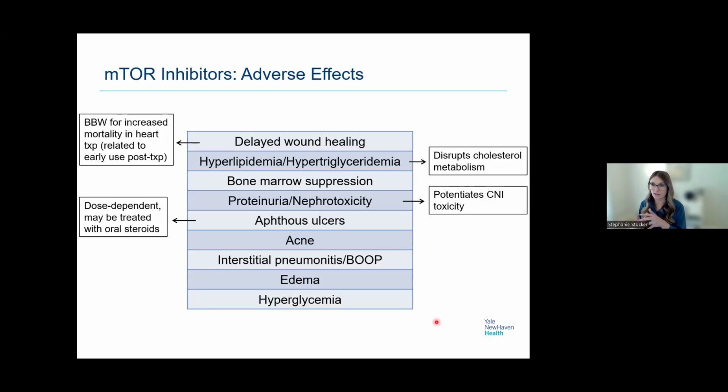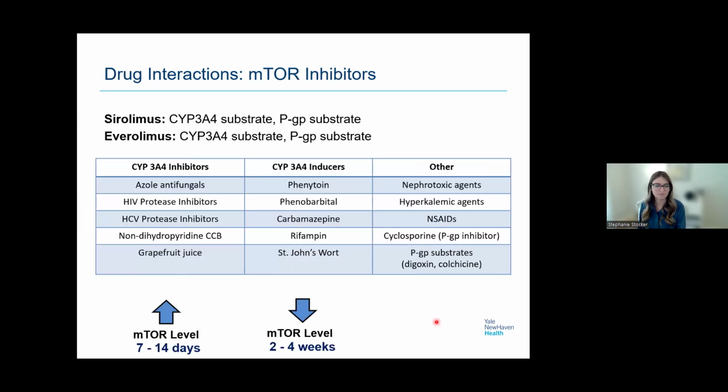But sometimes it can actually prevent us from being able to use these. And they're, of course, an opportunity for infection. Acne, lots of dermatologic side effects with these. Interstitial pneumonitis is a huge issue. And then we can see edema with them as well. So a wide variety of side effects that are unfortunately fairly common with mTOR use.